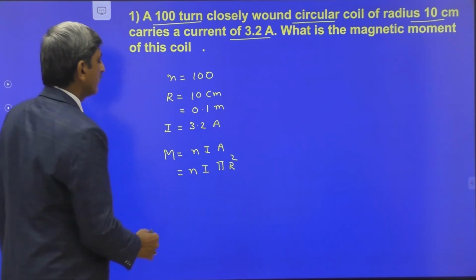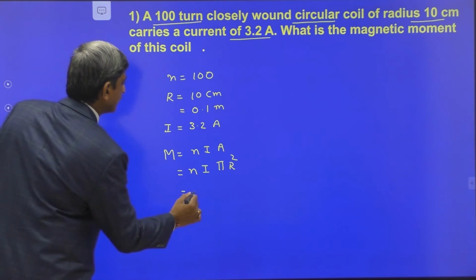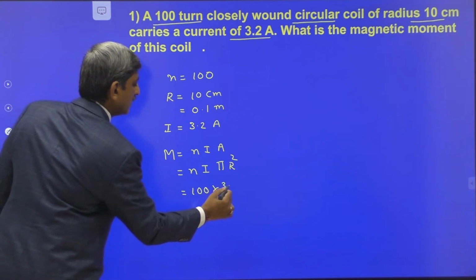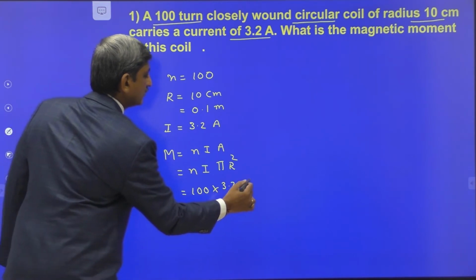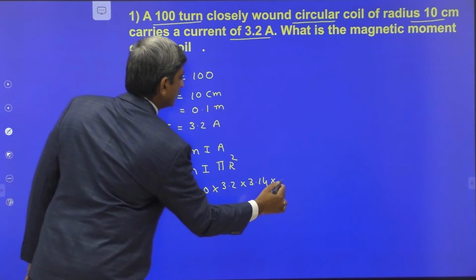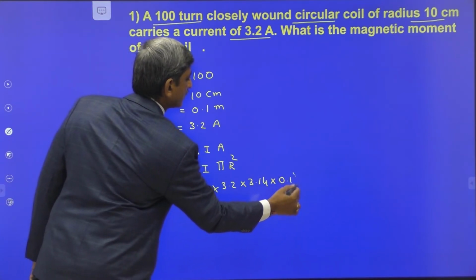Now substitute the given values, it becomes 100 into 3.2 into 3.14 into 0.1 whole square.